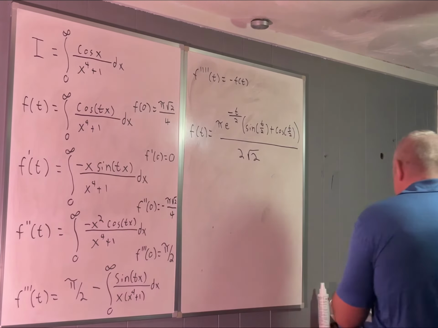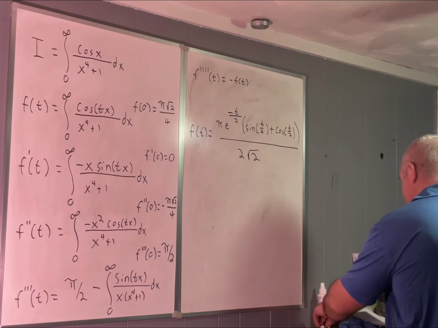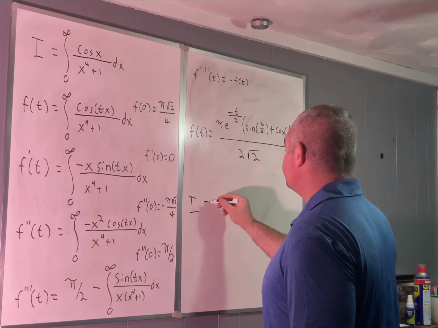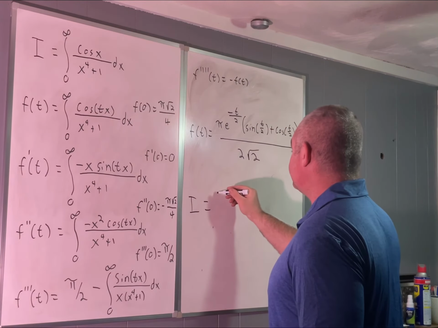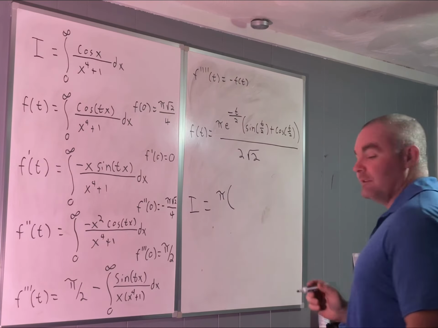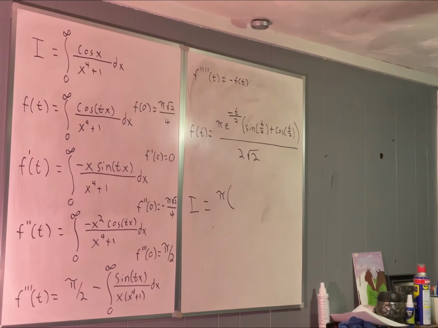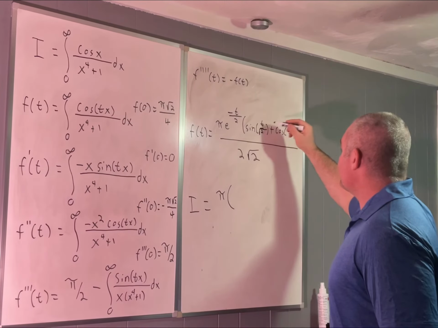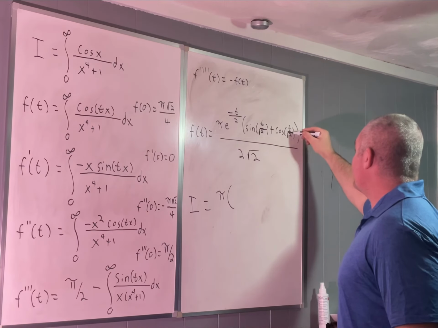You will finally get that I is equal to pi times, oh, wait a second, there should be square roots t over the square root of 2.